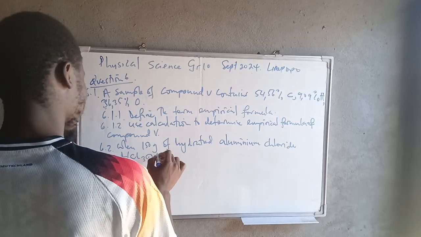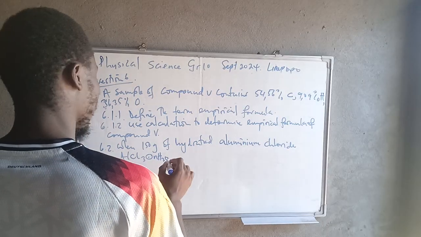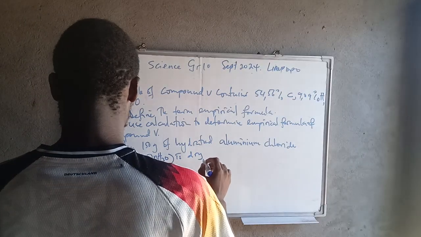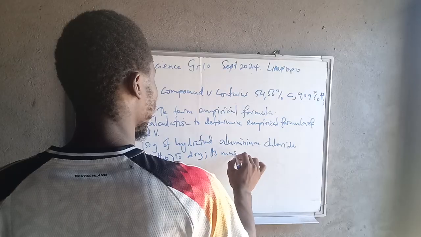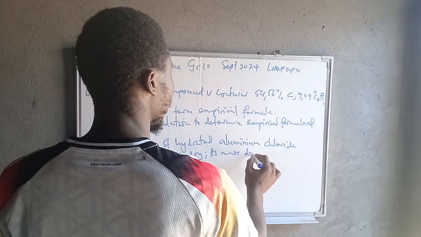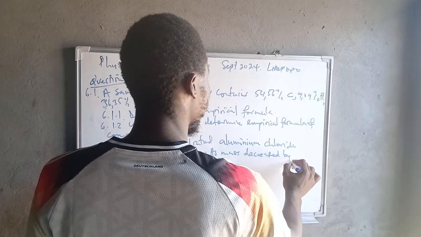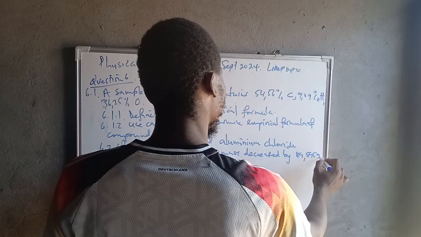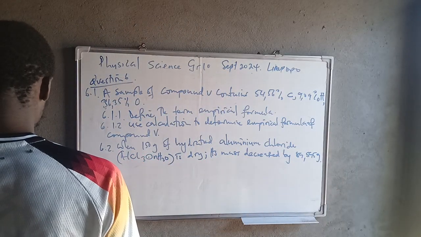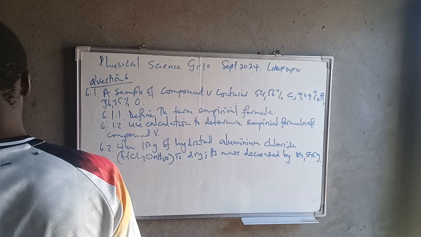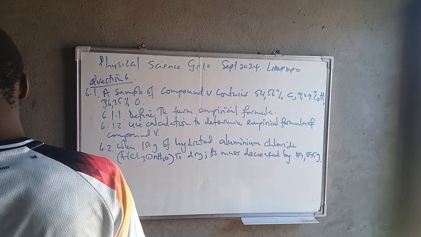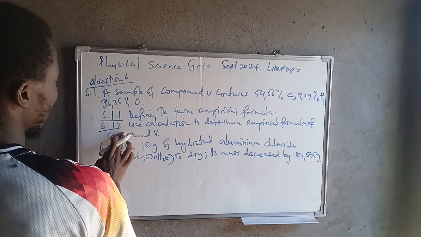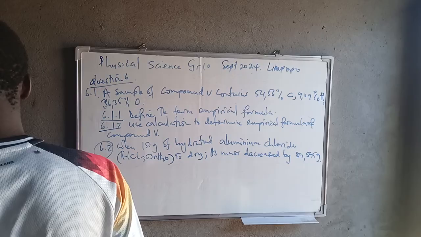Then we say NH2O is dry. Its mass decreased by 89.595 grams. So this will be another question, that will be 6.2, right? So let's answer first 6.1 and 6.1.2, then we'll go to 6.2.